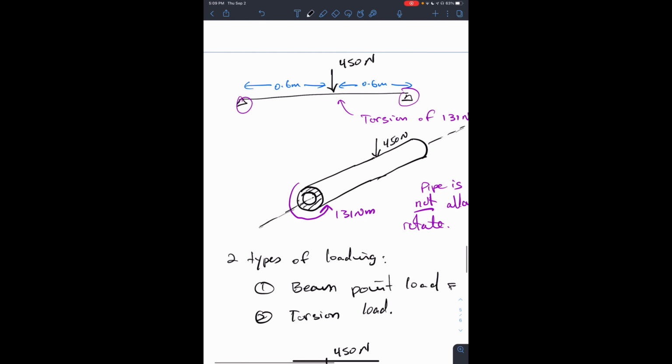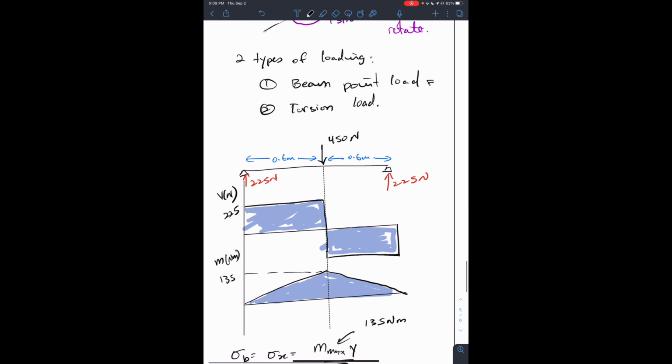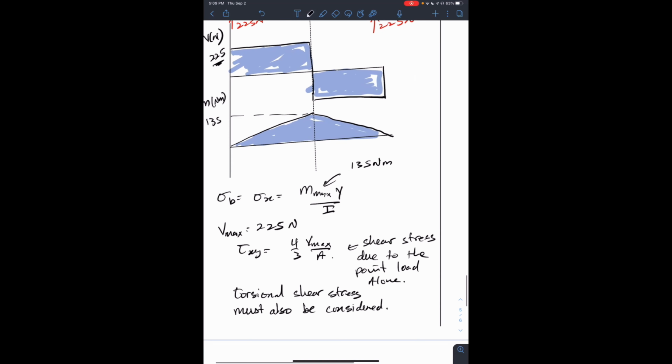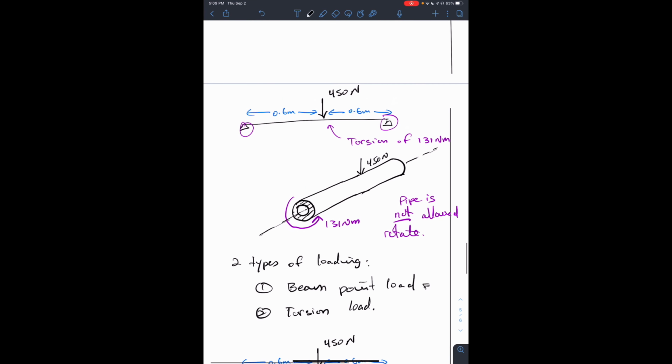So we have a point load on the pipe, on beam three, whatever we want to call it, and that will give us a shear force, and that shear force is 225, or maximum shear force 225 newtons, and this shear force will give us a shear stress, which we are accustomed to calculating by now. But because of the torsion, we now have to factor in this torsion.